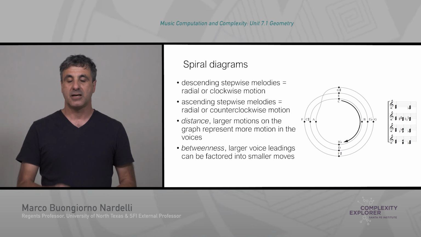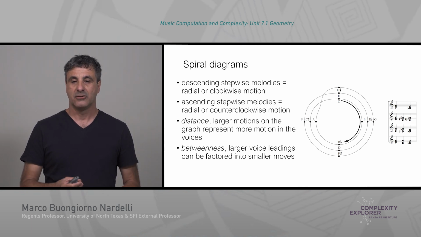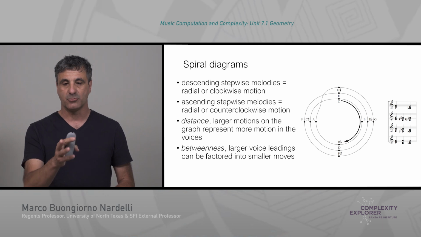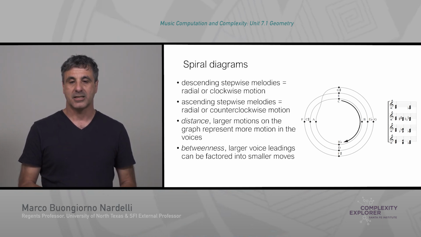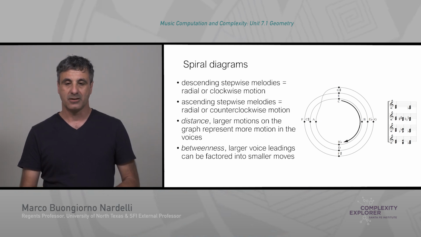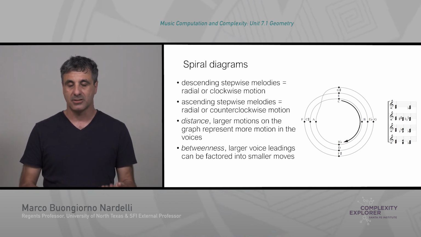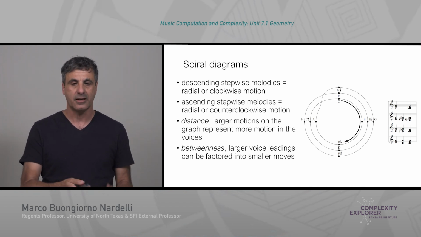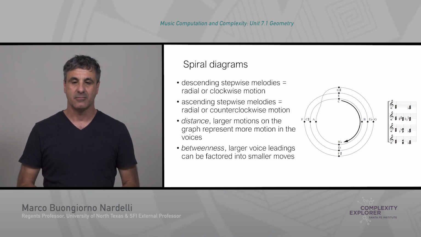But I can break this down following trajectories within the spiral diagram. So I can, for instance, instead of going from C to B flat, actually go from C to E flat to B flat and use this other trajectory that produces a different voice leading. And I can do this in many different ways.